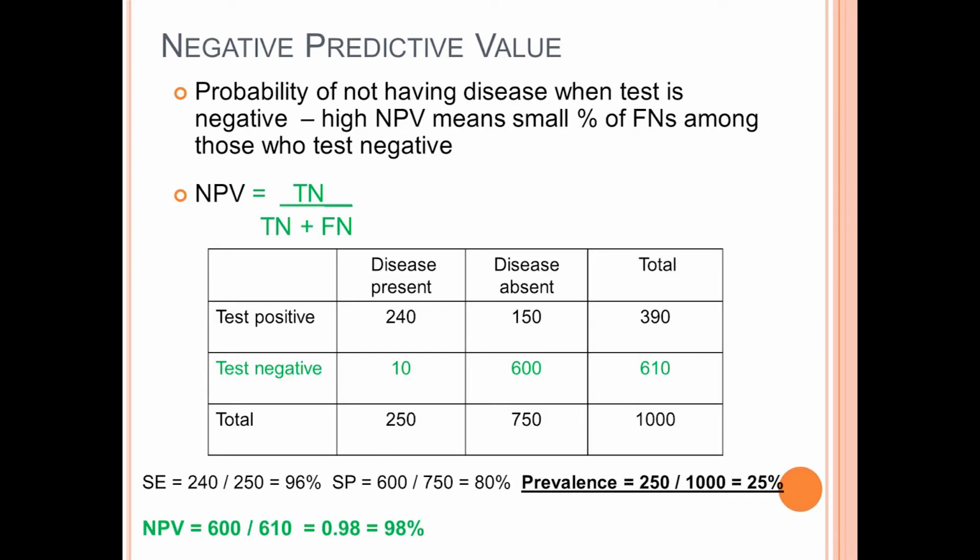If you plug this into the 2x2 table in this example, where we have a sensitivity of 96%, a specificity of 80% and a prevalence of 25%, the negative predictive value is 98%. In this example, where the prevalence is only 2.5%, interestingly enough, we have a negative predictive value of 99.9%.